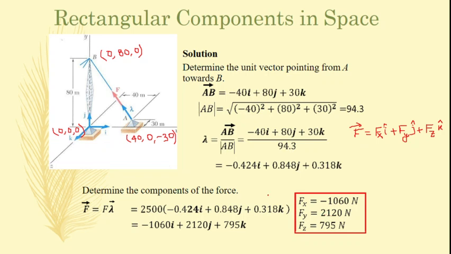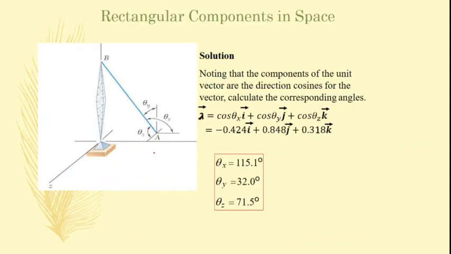Now we have to find the values of theta x, theta y, and theta z. To find this, if this one is your force vector which acts along A to B, then if we draw the coordinate system here, this horizontal axis is x, this vertical axis is y, and this axis is z.